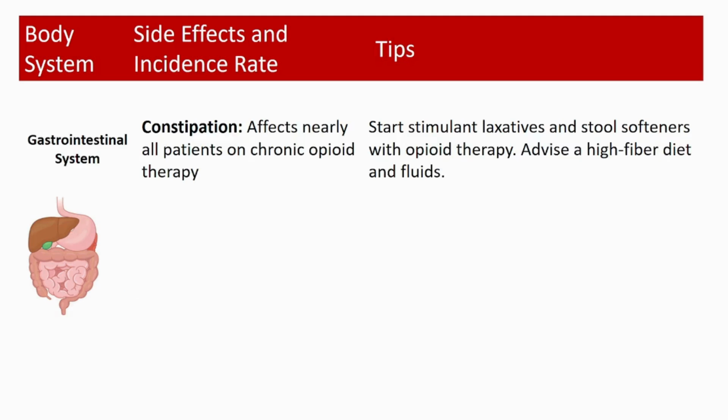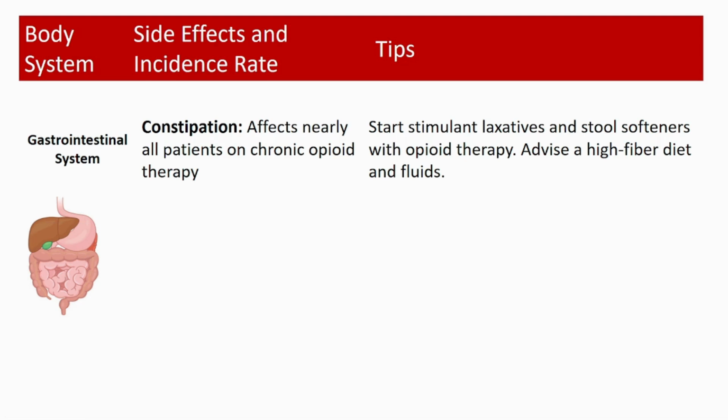Next, the major gastrointestinal side effect of opiates, which has no tolerance, is constipation. All patients who receive an opiate should be given stimulant laxatives and a stool softener with opiate therapy to minimize the risk of constipation. Also advise patients to increase fiber, fluids, and physical activity to reduce gastrointestinal side effects, primarily constipation, which comes with all opiates.